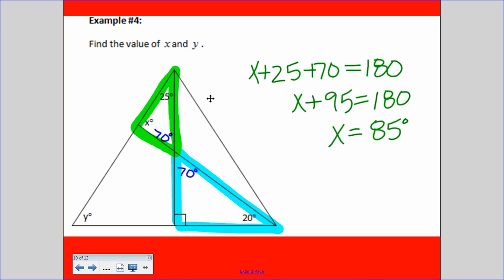Y is actually easier than x, as long as you see it. It's kind of hard to see this triangle. Anybody that sees a triangle that has y in it that can help us find what y is? 25. Say it again.